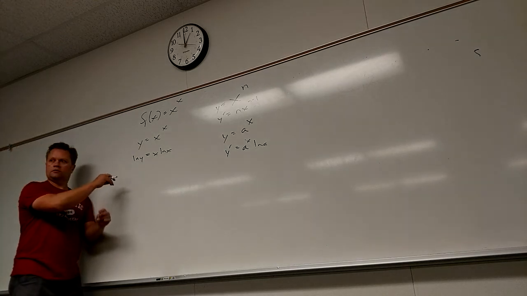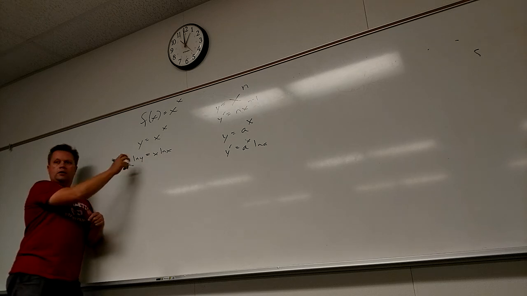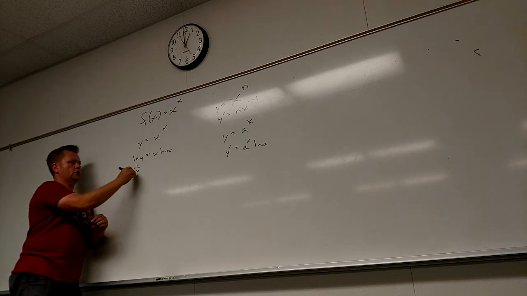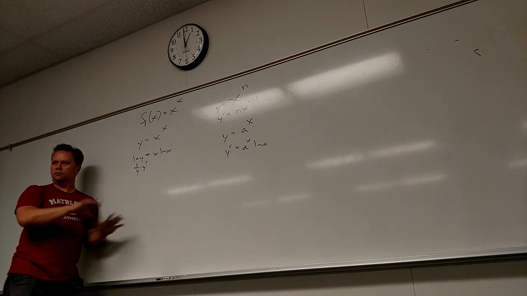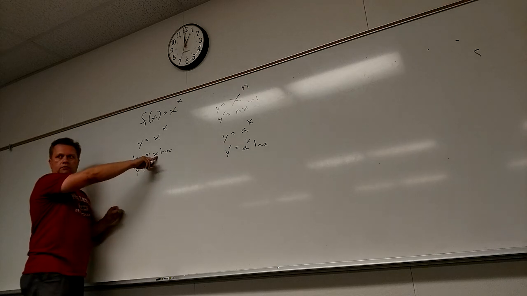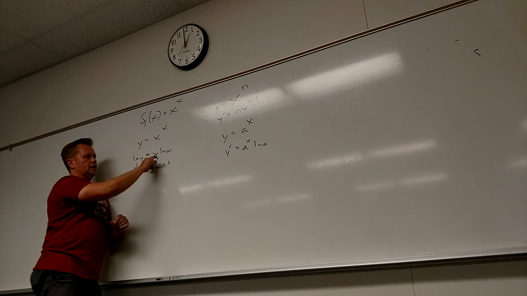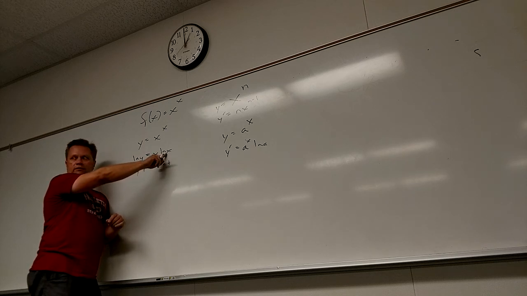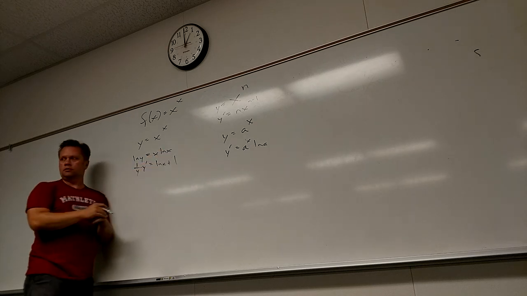All right. So what's the derivative of the natural log of y? 1 over y times y prime. I love it. Chain rule, implicit. This side, not too bad, right? I just get ln x plus x times the derivative of ln x. It'll be x over x, which is 1.